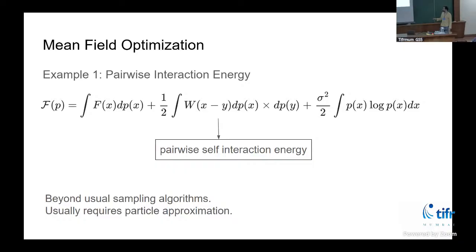So this is beyond usual sampling algorithms. I'll explain why that is, why it usually requires a particle approximation to the algorithm, and how we can make the particle approximation actually make sense with stochastic approximation.